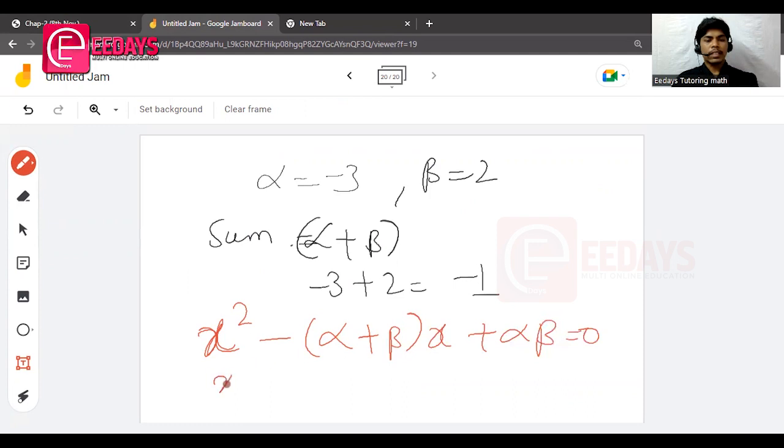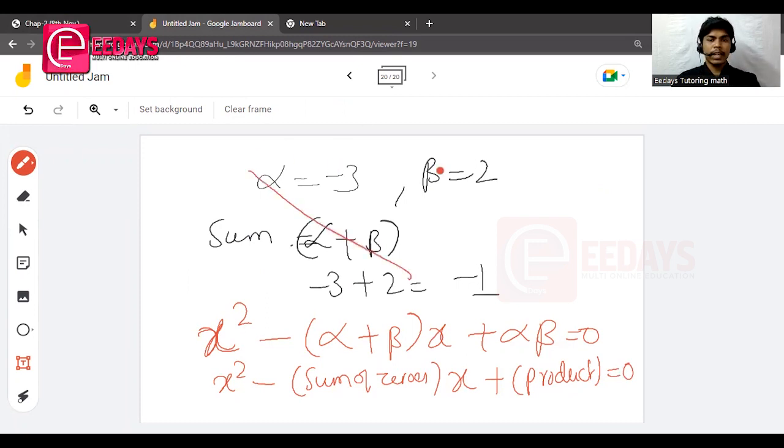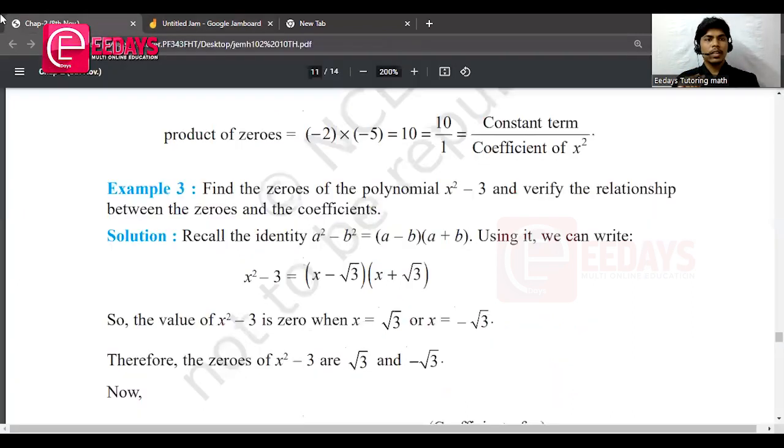That is x square minus sum of zeros into x plus product of zeros is equal to 0. You can find it like this. I hope everyone understood. Don't make this type of mistake in exams. Think about it logically.